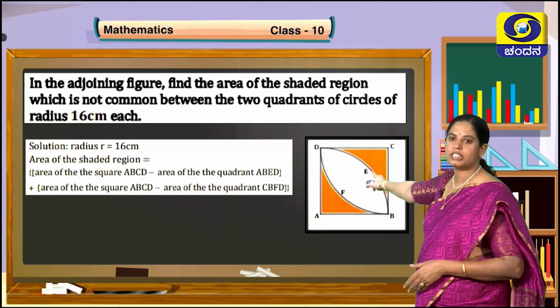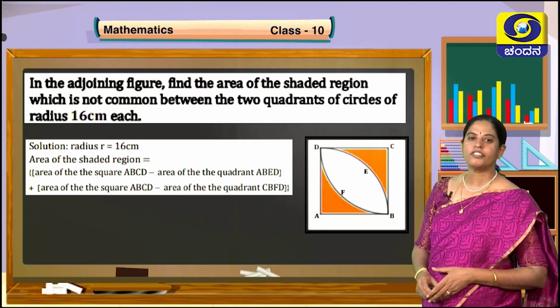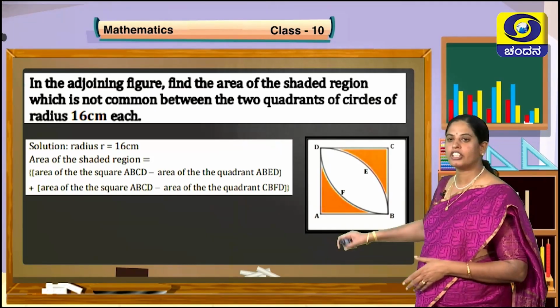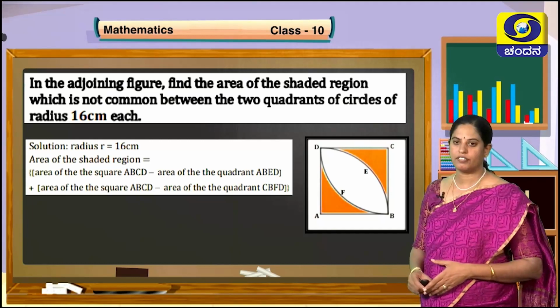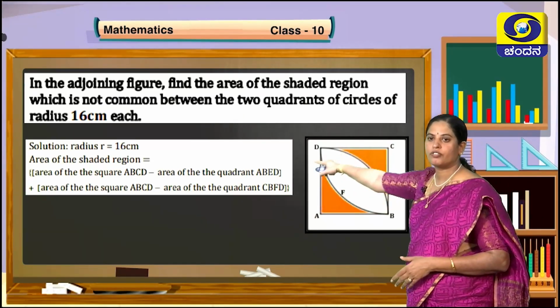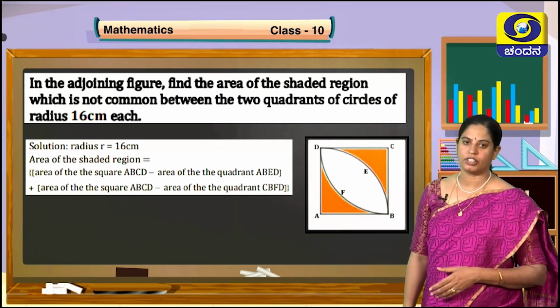Okay. So, this is the sector, and area of the square ABCD minus area of the quadrant CBFD. If you subtract, you will get the area of this white part, the oval shaped part. Okay, that we have to find.